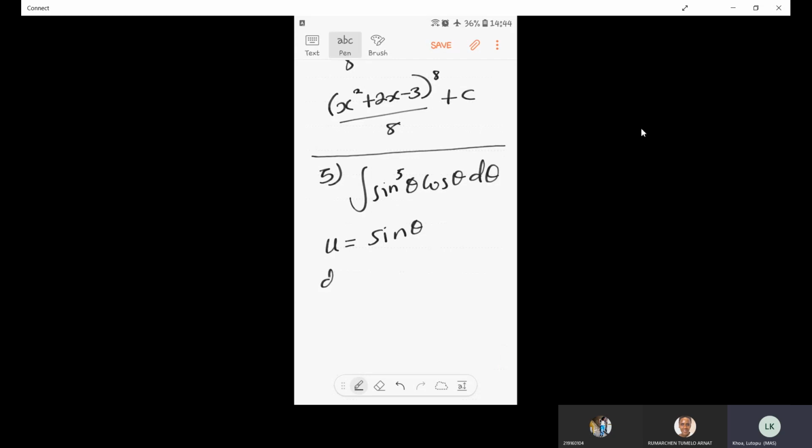This means that du is equal to cos theta d theta. So I already have the cos theta d theta over there. That will just become du. So my integral is actually just u to the power of 5 multiplied by du.